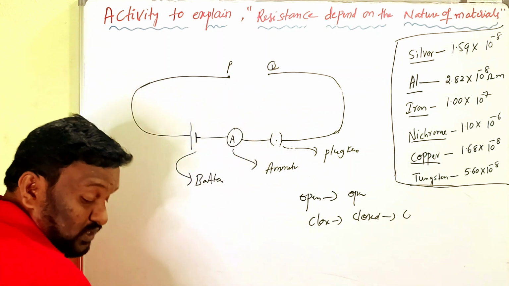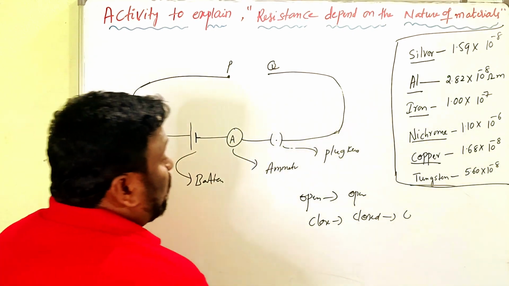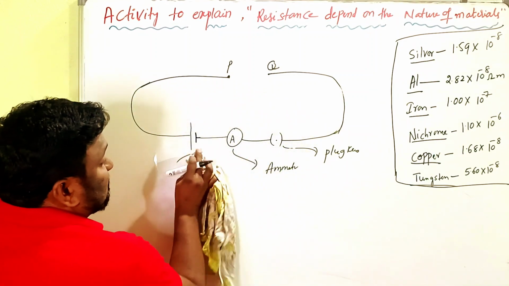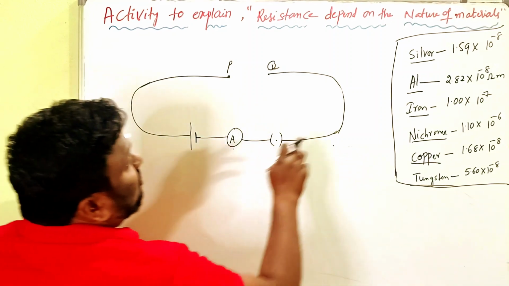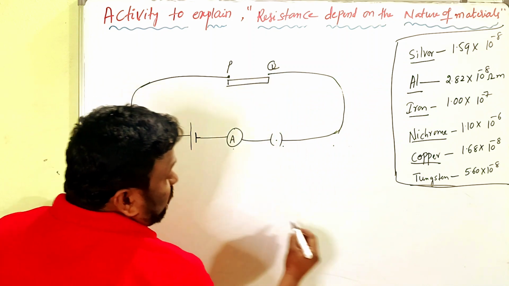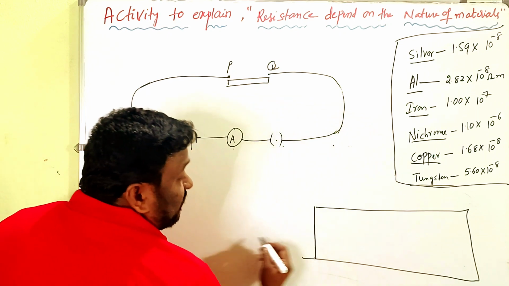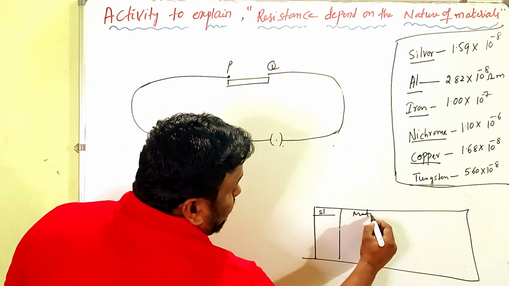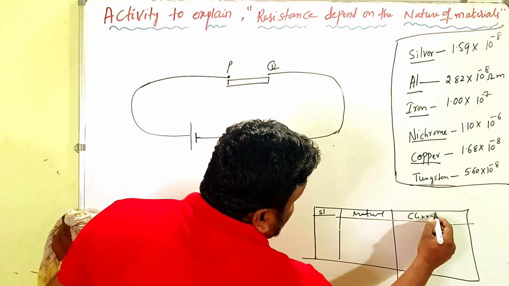Now we take the first type of material, for example silver. The silver wire should be connected between these two points. We make a tabular form with the serial number, the material, and the current in the ammeter.